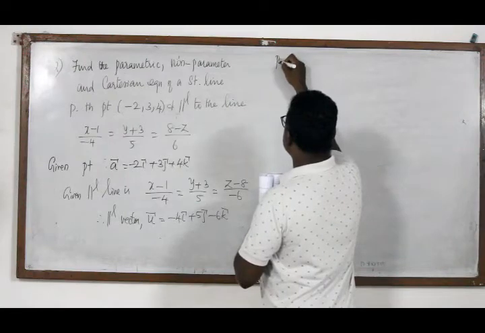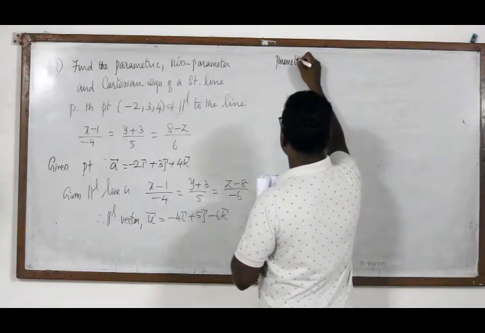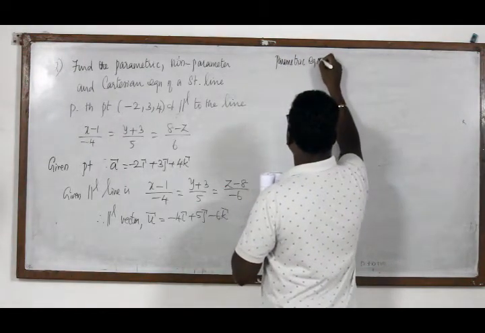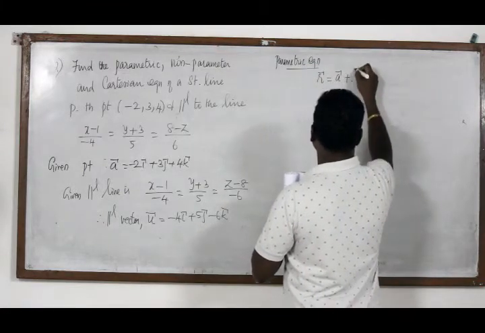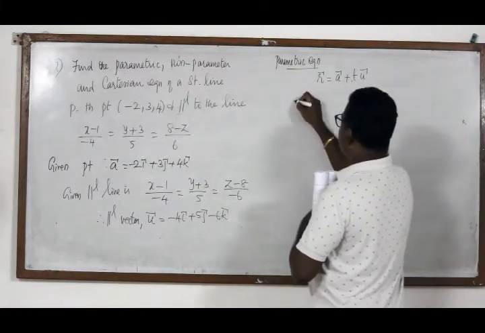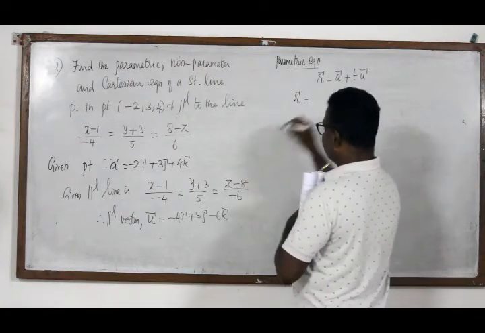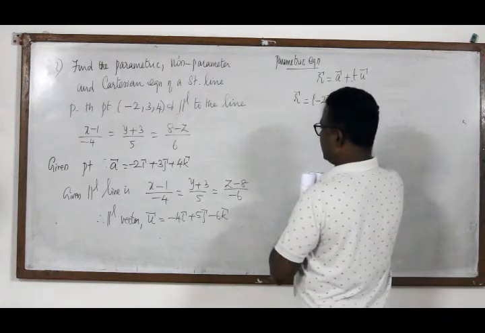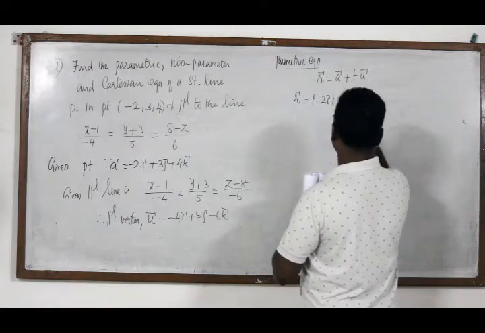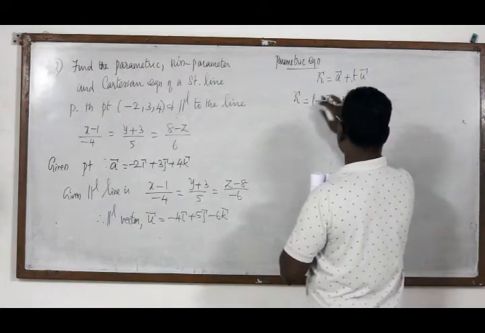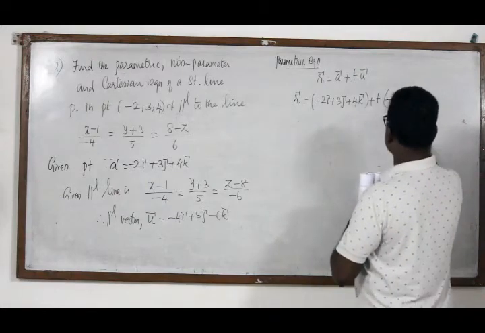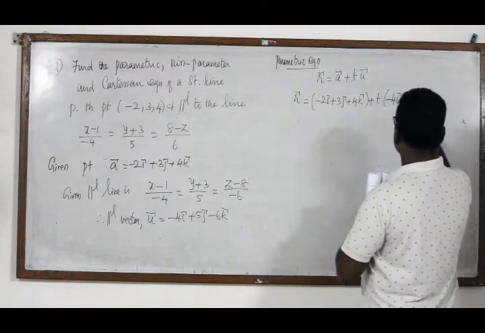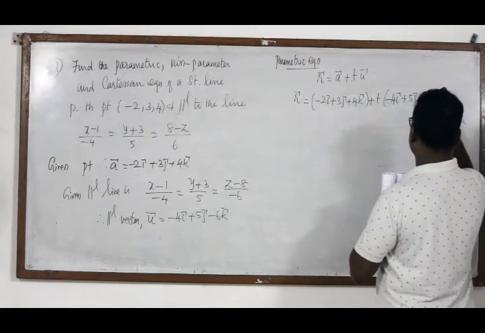So the parametric equation is R vector equal to A vector plus T U vector. R vector equals A vector, which is minus 2i plus 3j plus 4k, plus T into U vector, which is minus 4i plus 5j minus 6k.